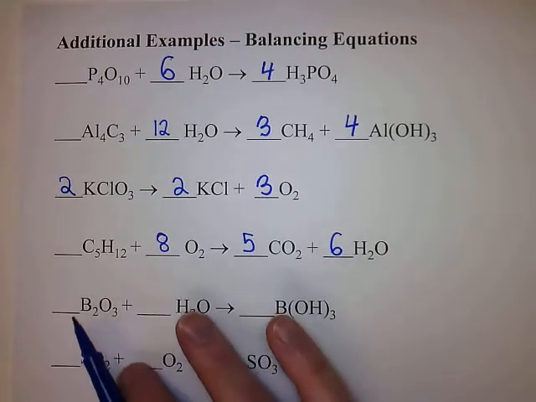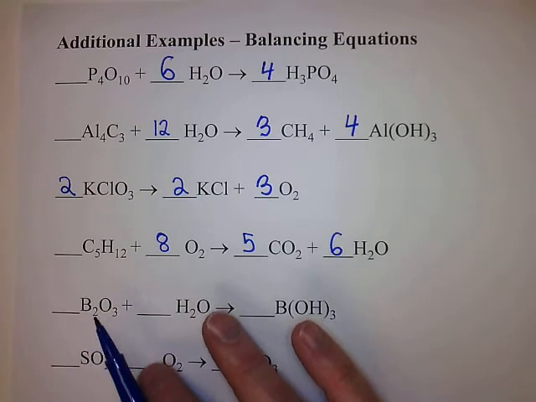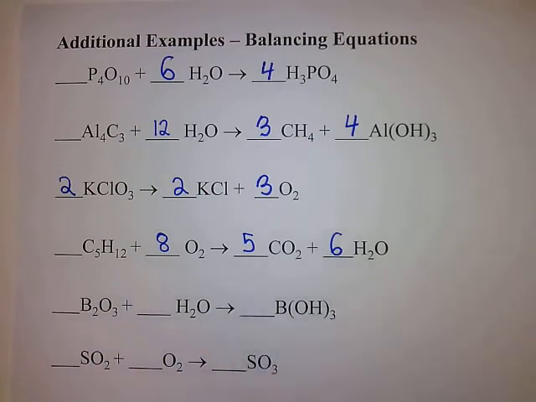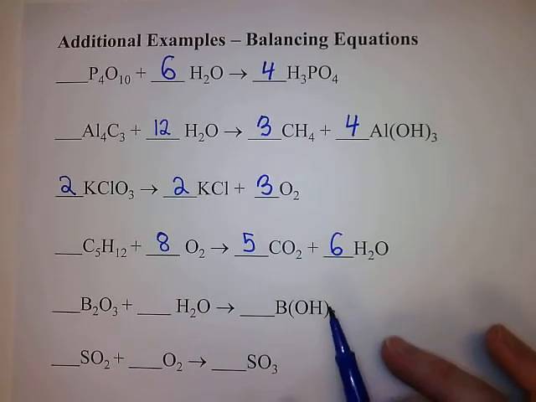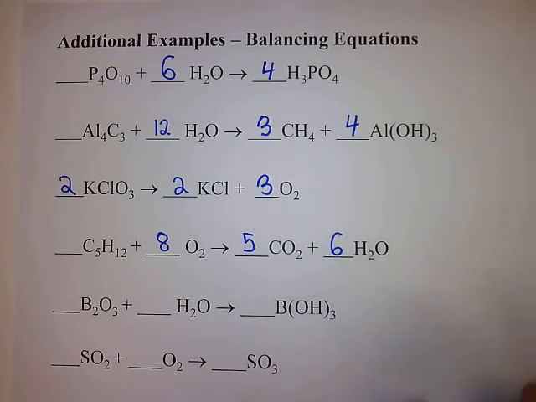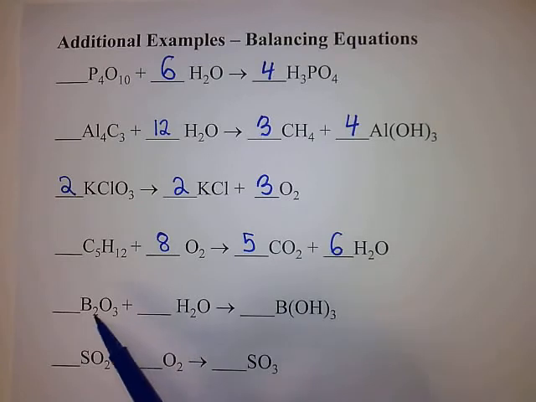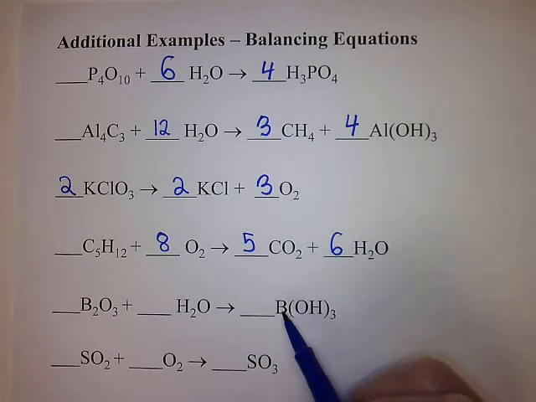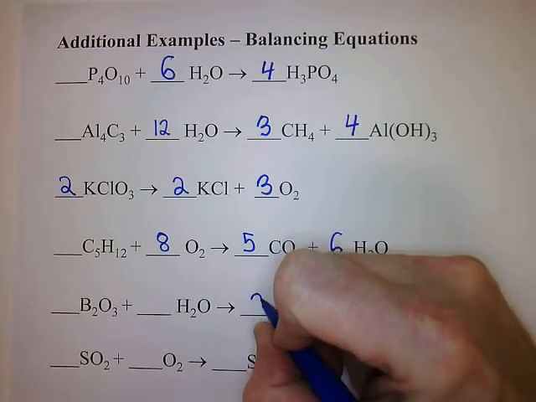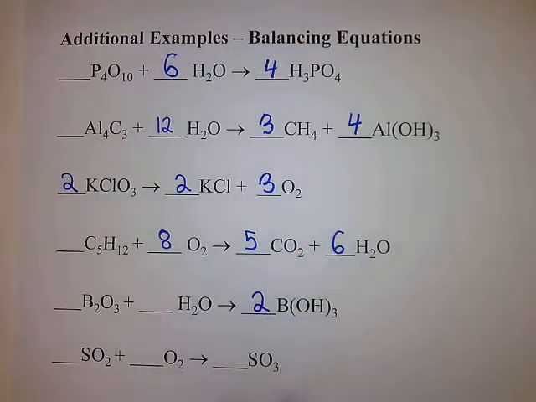Hydrolysis of boron oxide rather. Okay. B2O3 plus water becomes B(OH)3, which is boric acid. So we have 2 borons here and 1 boron here, right? So obviously we'll have to have a 2 there. Okay.